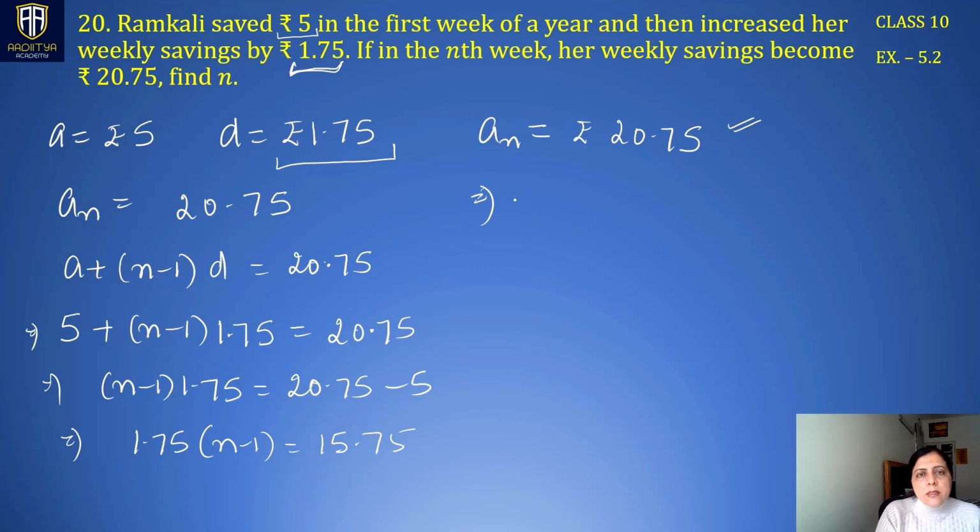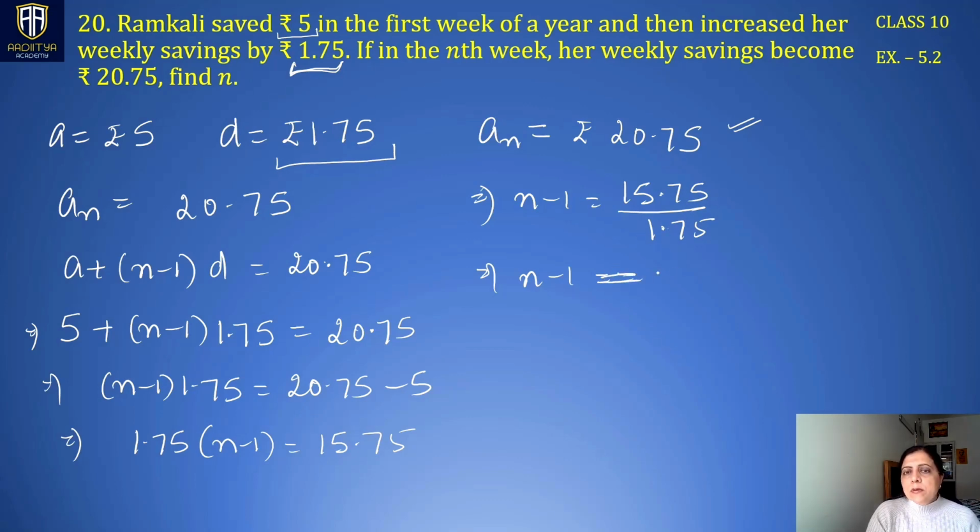So n minus 1 here becomes 15.75 divided by 1.75. To simplify this, if you are afraid of decimals, you can see that there are 2 digits after the decimal in both numerator and denominator. So we can remove decimals, like 1575 divided by 175.